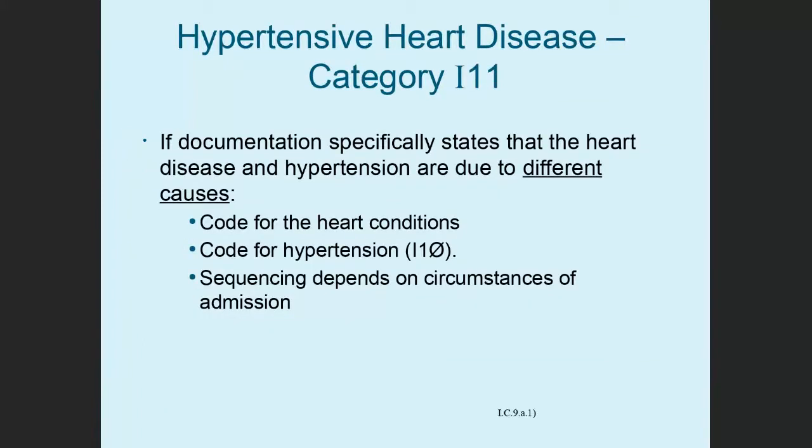On the other hand, if the hypertension and the heart disease are not related due to different causes, the guidelines state the two conditions are coded separately. Code for the heart condition and code for the hypertension using I10. Sequencing will depend on the circumstances of the admission. What's the main reason the patient is there?